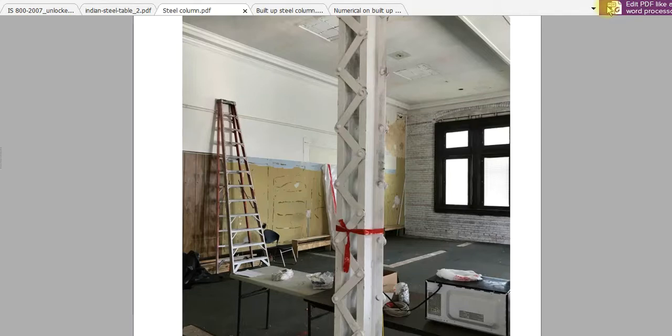Basically, where only one standard section is not sufficient to carry the required amount of compressive load, then we should go for using two standard sections as one unit. Using these two standard sections as one unit is called a built-up column.